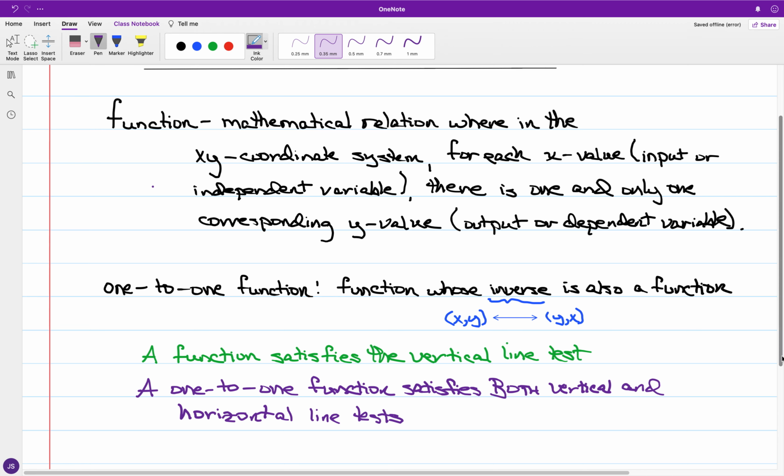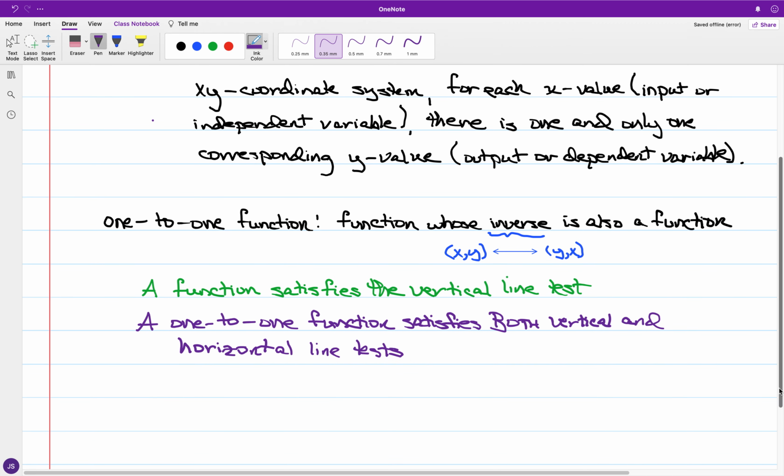And back when we first looked into functions, I started out with ordered pairs, and I'm going to do the same thing with one-to-one functions.